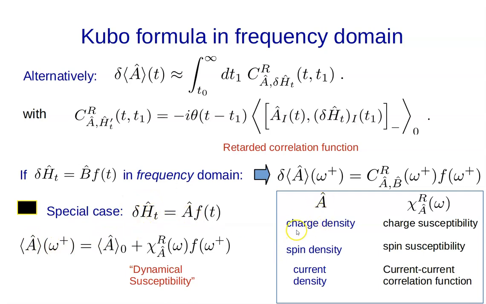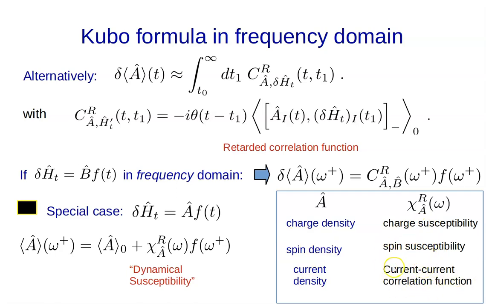So charge density, for instance, is one case. We're going to do an example in this class, the so-called dielectric response, and this would be then the charge susceptibility, but it could be the spin density or the current density, and then I would have these susceptibilities.